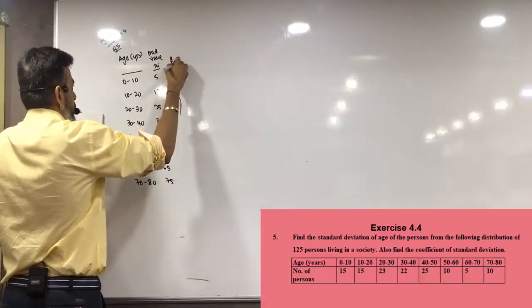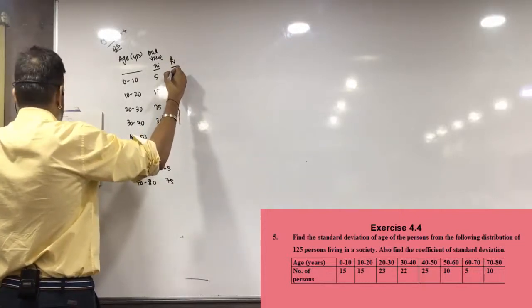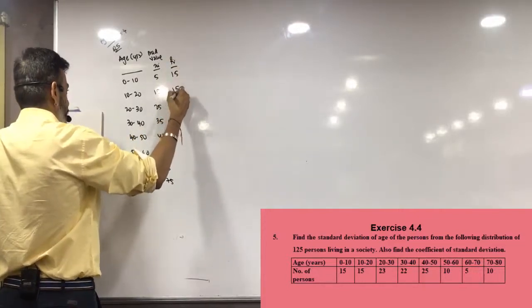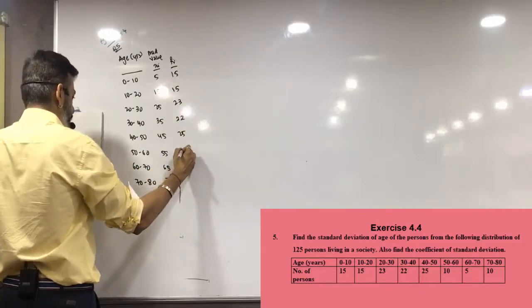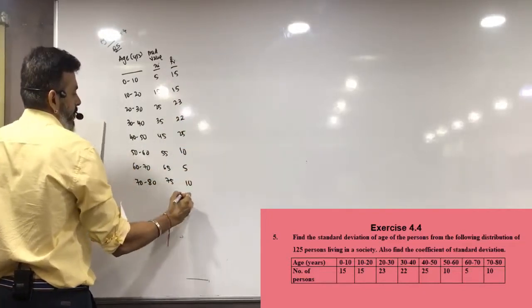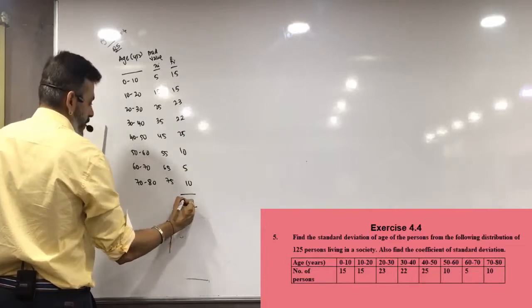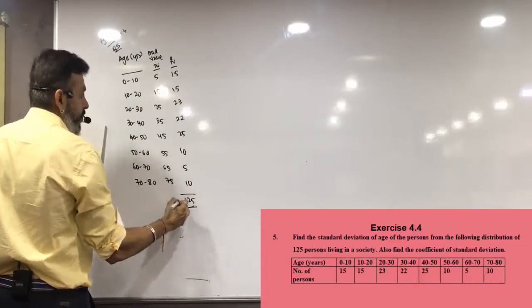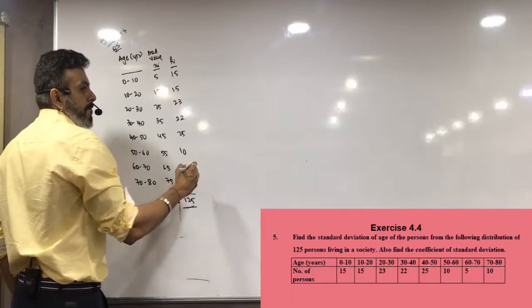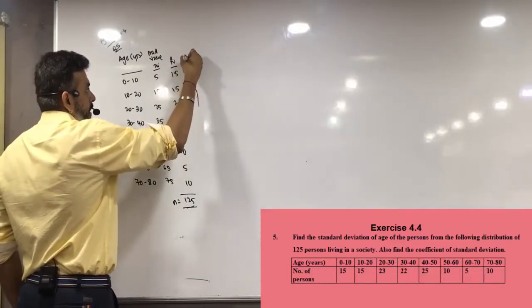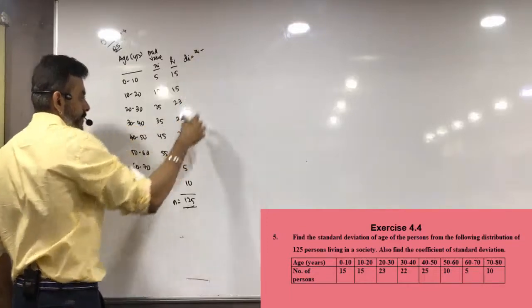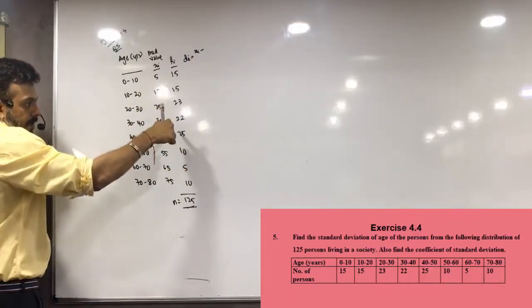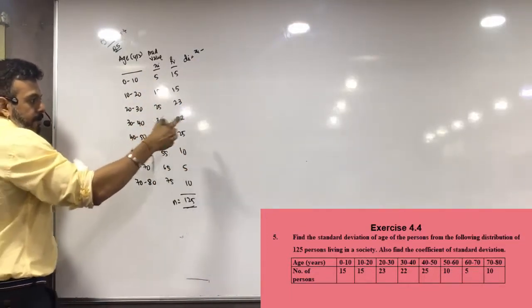Fi: 15, 15, 23, 22, 25, 10, 5, 10. N is equal to 125. Now, di is equal to xi minus assumed mean 45.